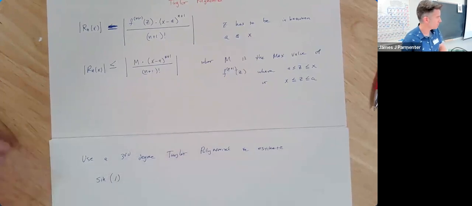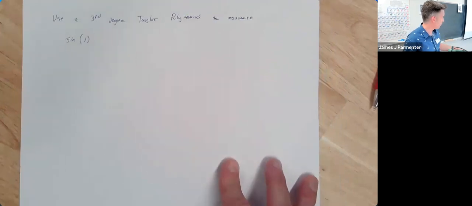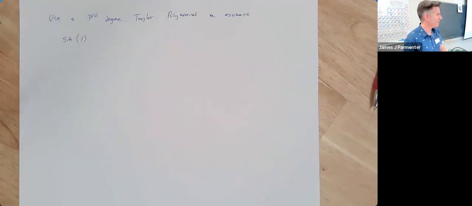Why not? 1 radian, by the way, sine of 1 radian. Which is kind of funky. Where is one radian? How much is 1 radian? How many degrees is 1 radian? What even is 1 radian?